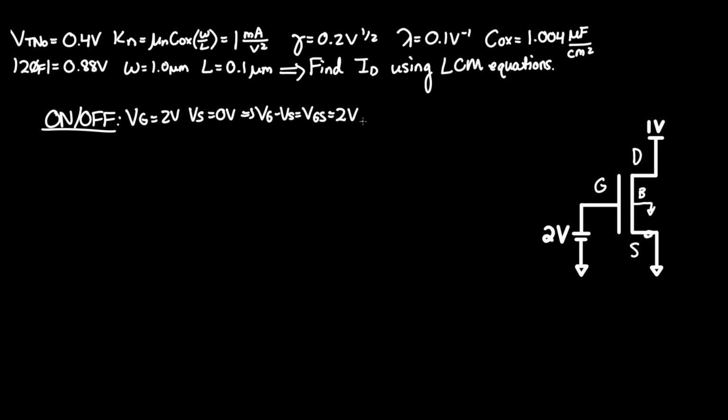And we need to compare this to VTN, which is not the same thing as VTNO, because this does not account for body effect. To see if body effect does exist, we need to see if there is a potential difference across VSB. But as you can tell, they're both at ground, since VB equals 0 volts, as well as VS. So we can confidently assume that since VSB equals 0 volts, I'll put it up here, no body effect.